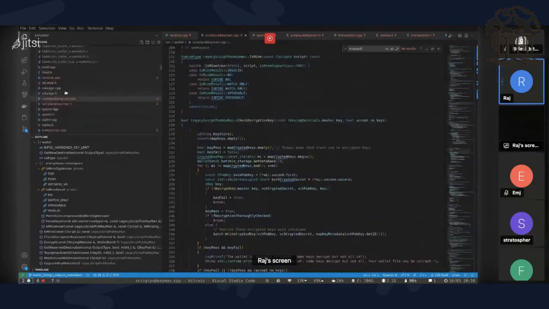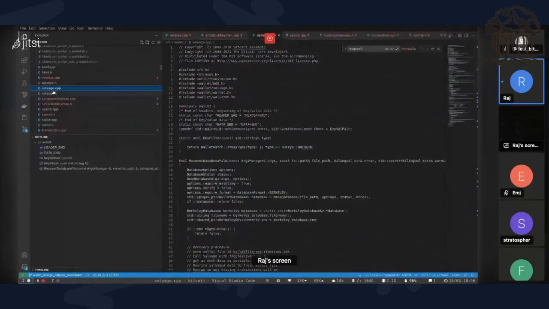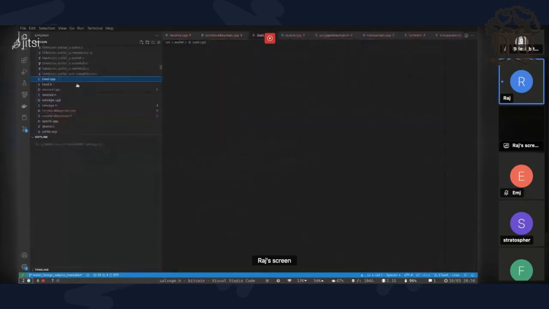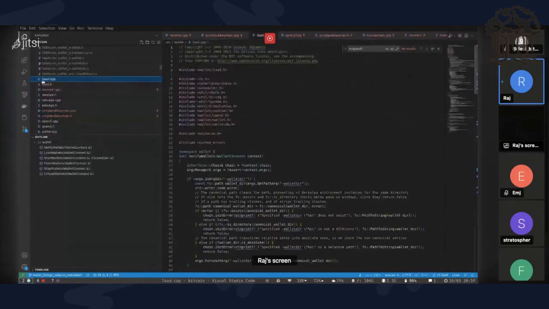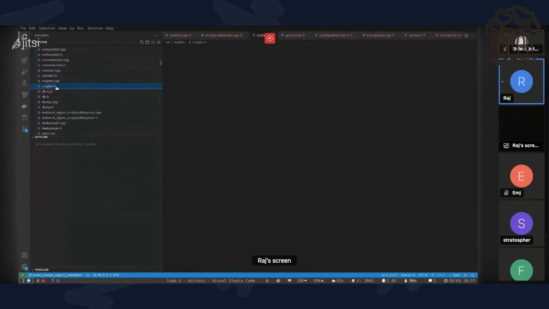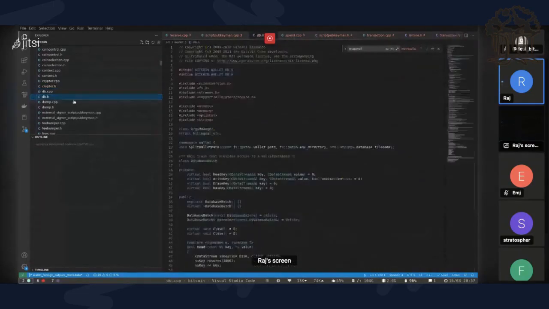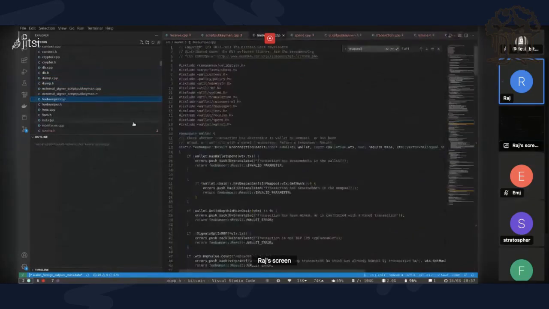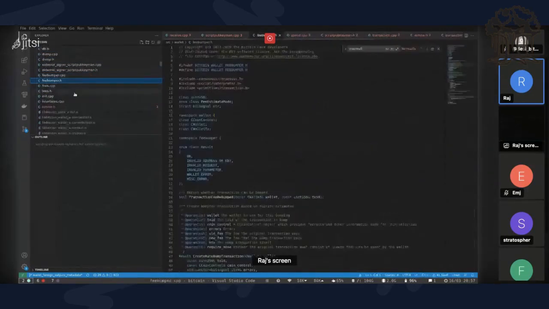And salvage, these are also small auxiliary things that don't include much. Loading is about loading the wallet data from the file system into memory. And then there are a bunch of other auxiliary things: coin selection, coin control, some wallet related context, some database implementation, some dumping systems, fee bumping systems, and a fee calculation system.